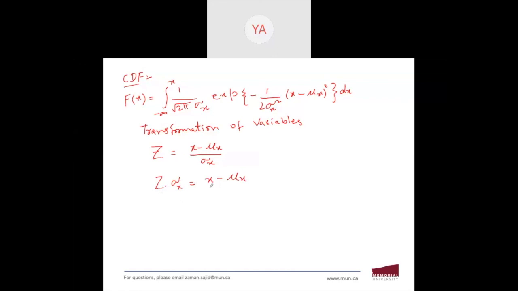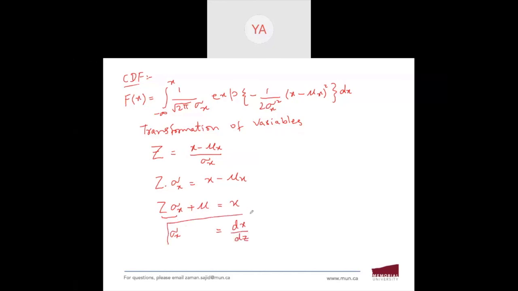Because I'm interested in the value of x, I can write z sigma of x plus mu equals x. Now differentiate it with respect to z. The derivative of this term with respect to z becomes sigma of x only, this is a constant so it becomes 0, and this term becomes dx over dz.